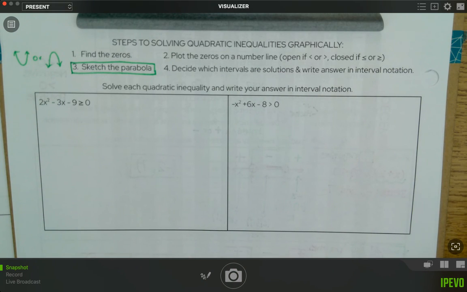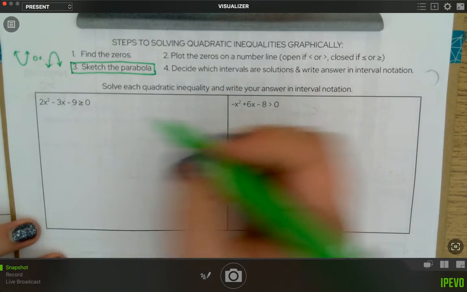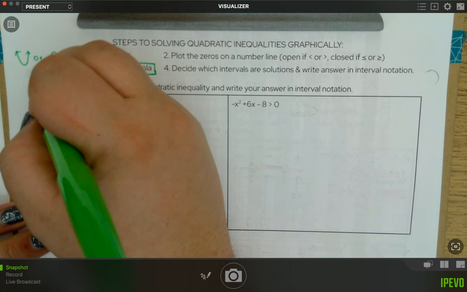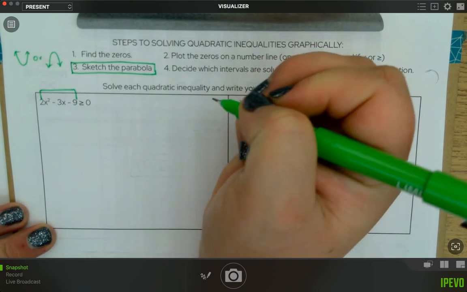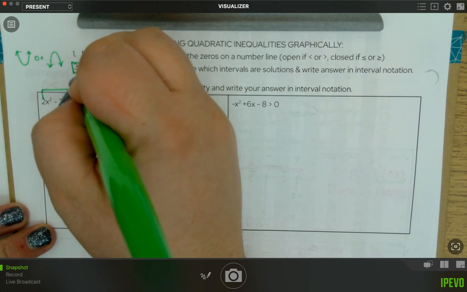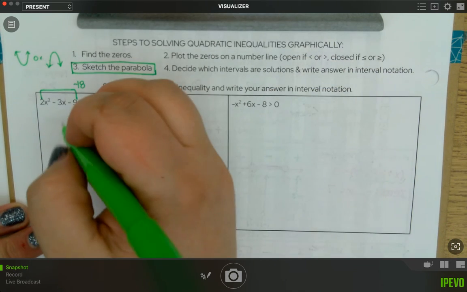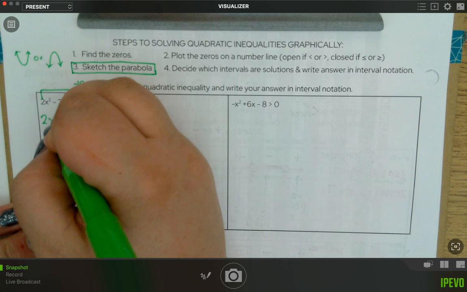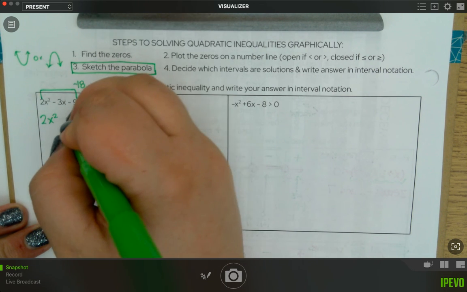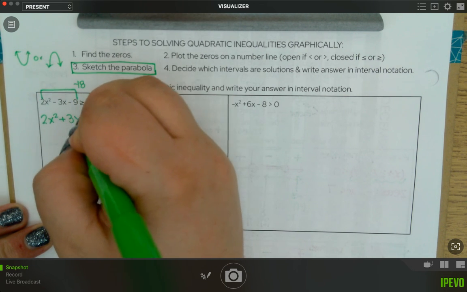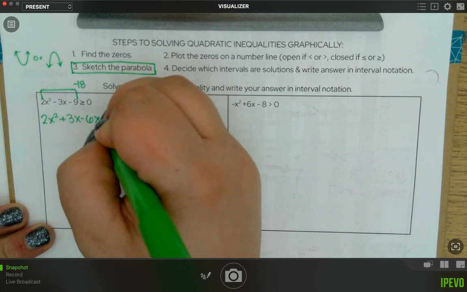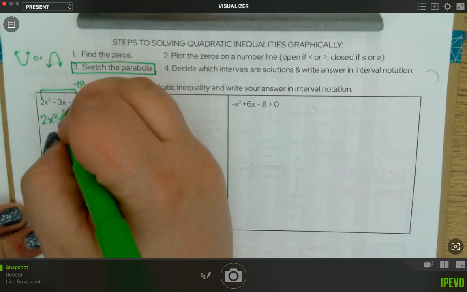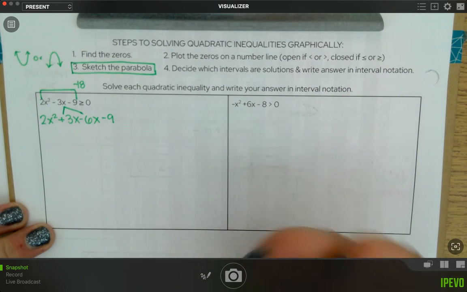So on this first one, see how there's a number in front of x squared? This is the type of factoring where I have to multiply first times last, which is -18. And I need two numbers that multiply to -18 and add to -3. That's going to be +3 and -6. And when there's a number in front of x squared, you have to split it up like this.